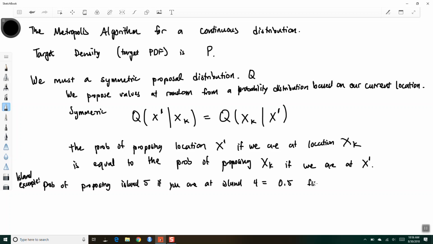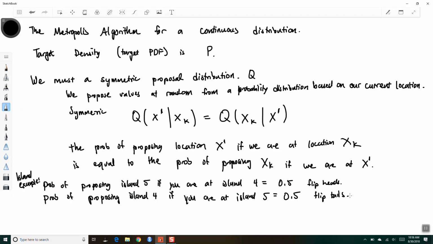This is flip heads. And then the probability of proposing, not moving, but just proposing island 4 if you are at island 5 is equal to 0.5. Flip tails. So that's a symmetric proposal.